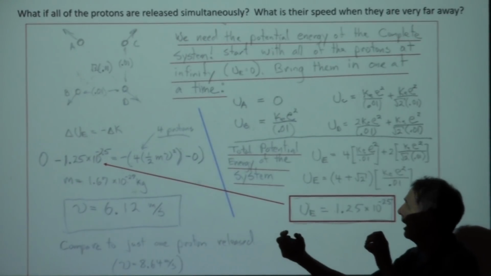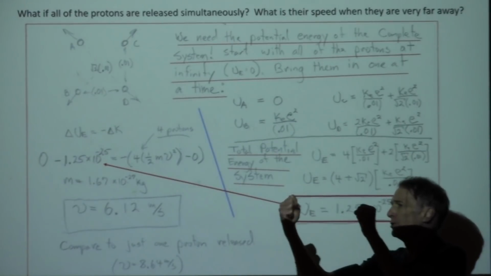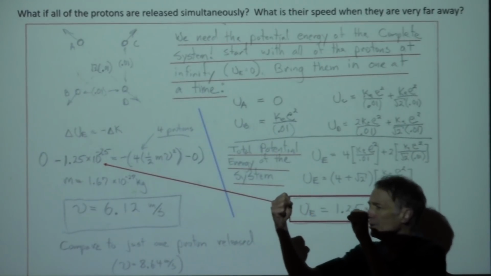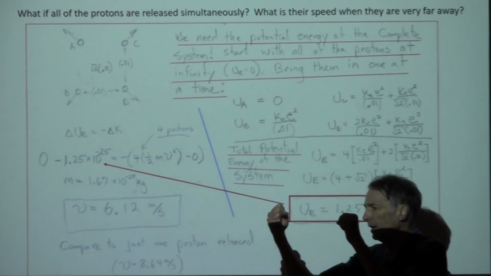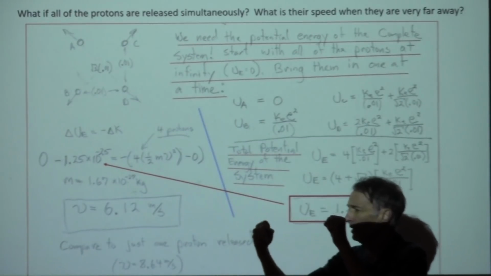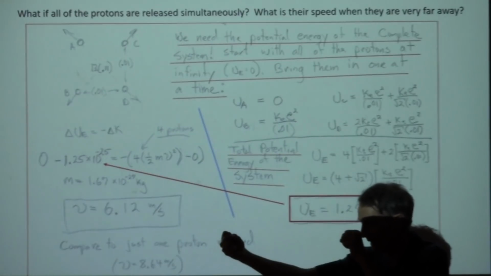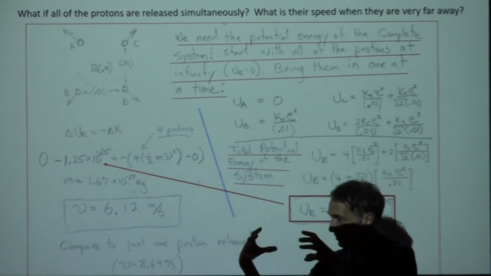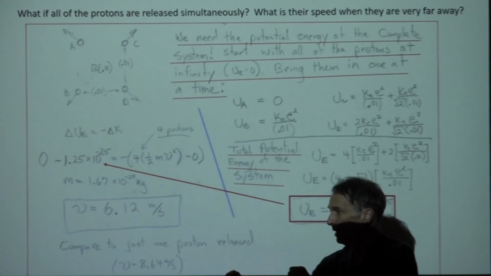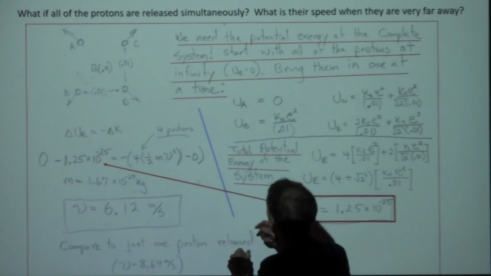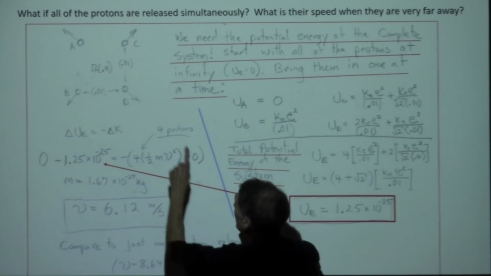If I have 2 point charges, I don't say that the potential energy of one of them has all of the potential energy. It is shared between the 2. So they are all shared. We have a sharing between all of these.